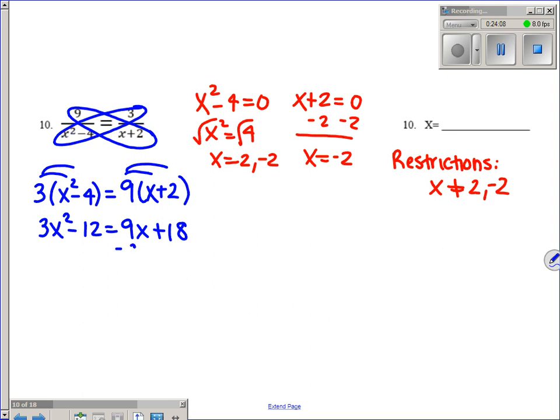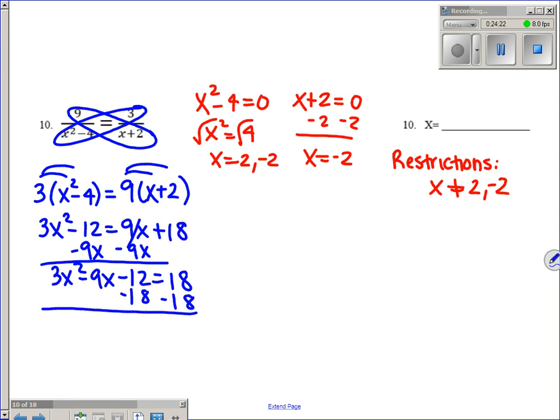We're going to have to subtract the 9x. That becomes 3x squared minus 9x minus 12 equals 18. And then also subtract the 18. So we get 3x squared minus 9x minus 30 equals 0.